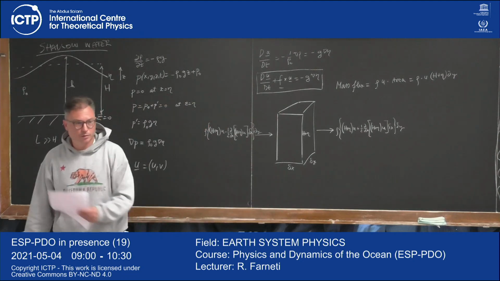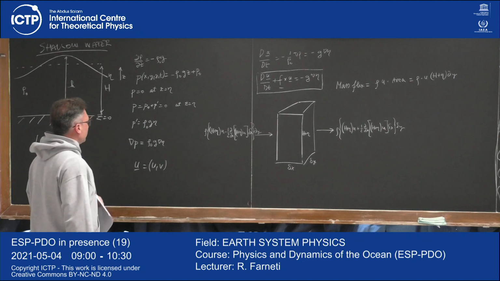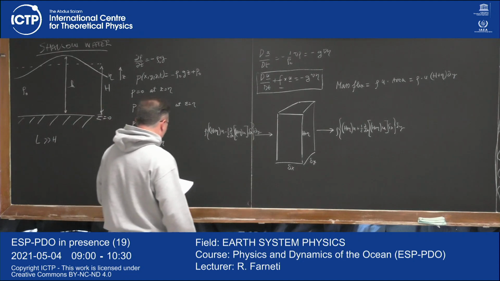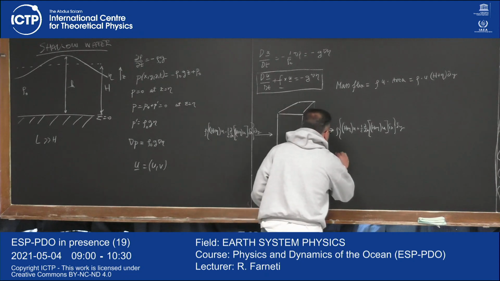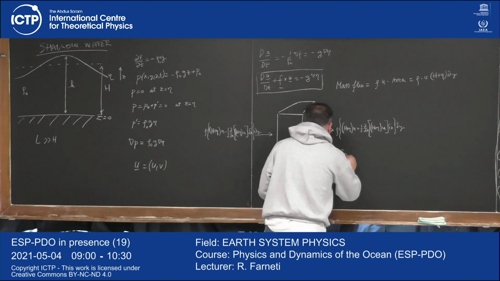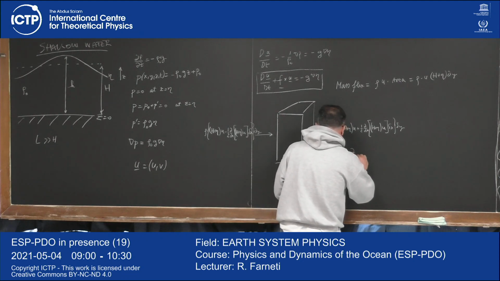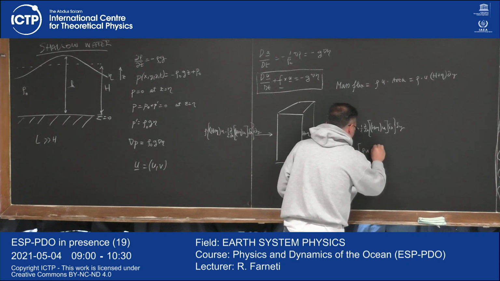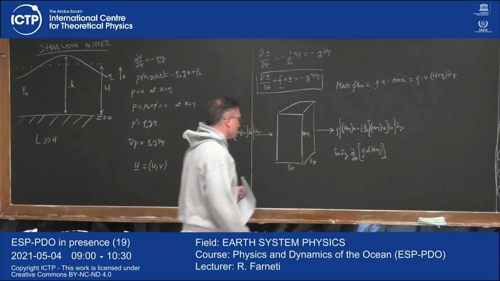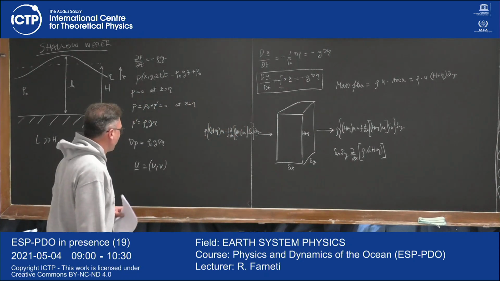Okay, just doing continuity on a shallow water column of fluid. And if you take the difference of this, it is simply delta x delta y, d by dx of rho u times h plus eta. That's just the difference of the two.